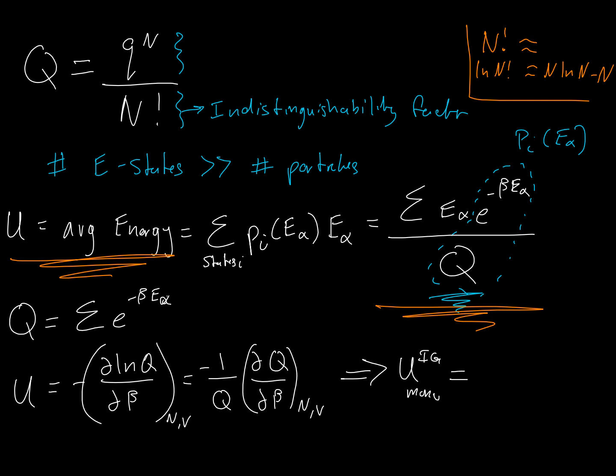So what we found was that the internal energy for a monatomic ideal gas turned out to be 3 halves N kBT, or 3 halves N over beta.